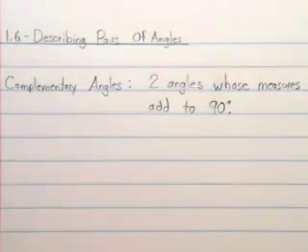It could be a 45 and a 45, could be a 30 and a 60, could be a 10 and an 80, whatever combination. So you get the idea.